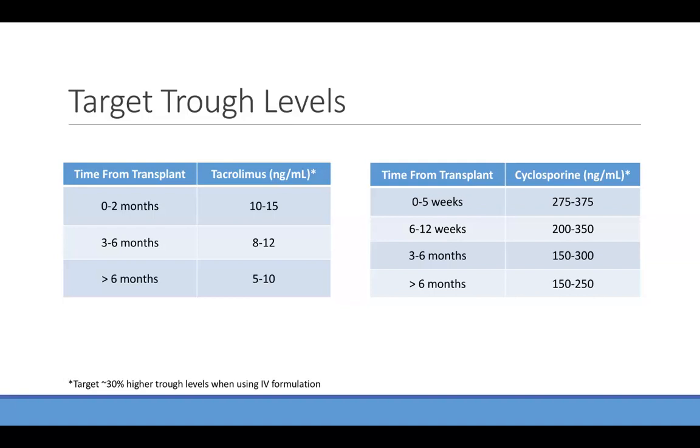For example, if the patient has an AKI, then we might want to be targeting lower tacrolimus levels. If the patient is infected, if the patient has rejection, even 3 to 6 months from transplant or greater than 6 months from transplant, we might increase the target trough of the tacrolimus. So again, very patient specific, but this is just a guidance of where to start. Same thing goes with cyclosporin.